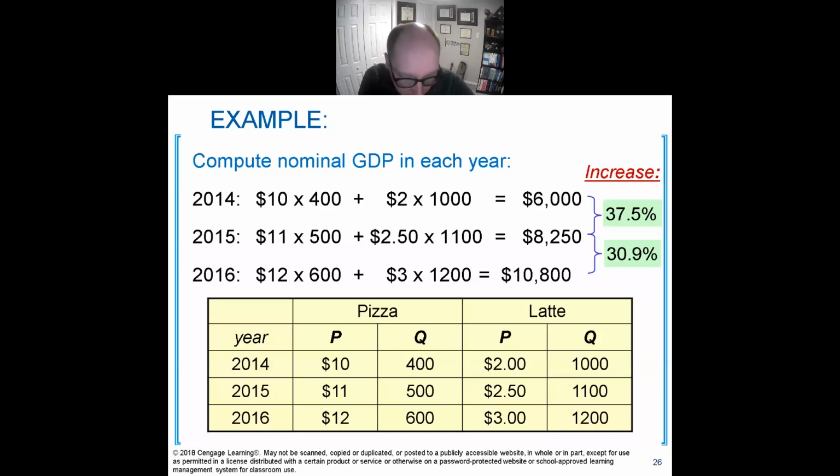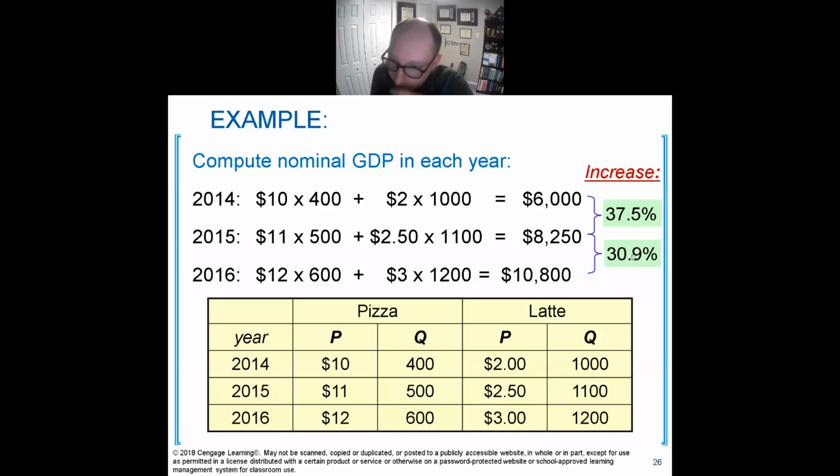Divided by 6,000, the old year, equals 0.375. Multiply that by 100, and you get 37.5%. So that's how you get percent change. That's the formula for percent change: new minus old divided by old. New year minus previous year divided by previous year.